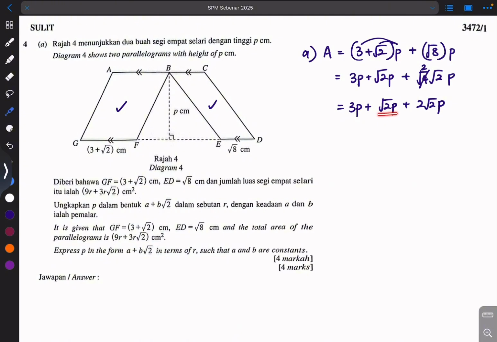This one is √2p. This one is 2√2p. So this is 1√2p plus 2√2p, we will get 3√2p. Then 3p we just write. This is the area that we found. The area that they gave is in terms of R. They want us to make p the subject. So we can say this area equals this area.